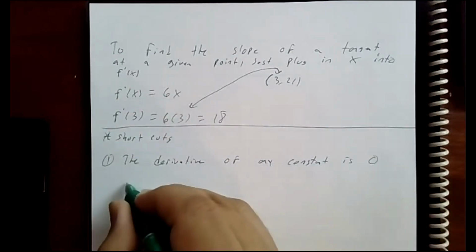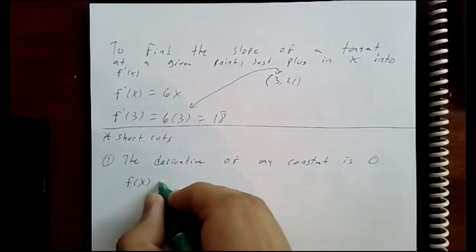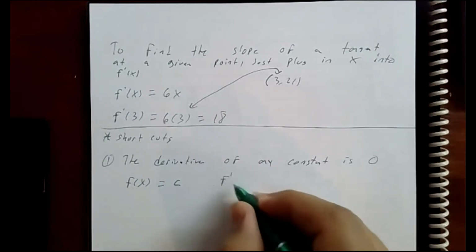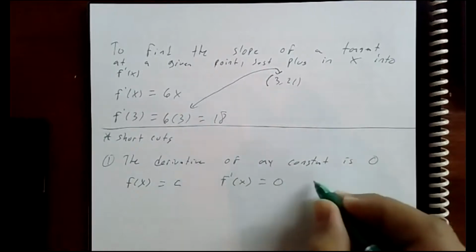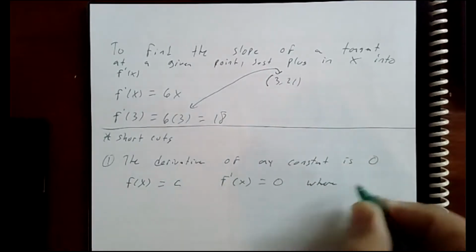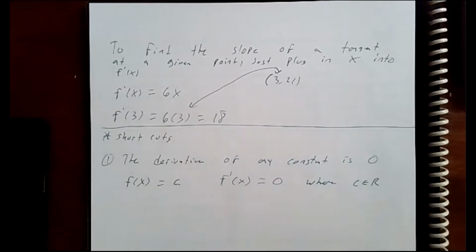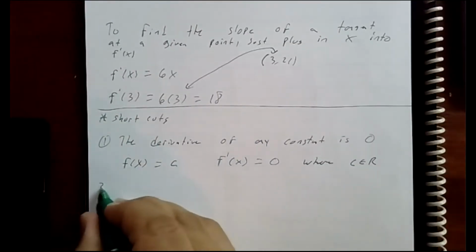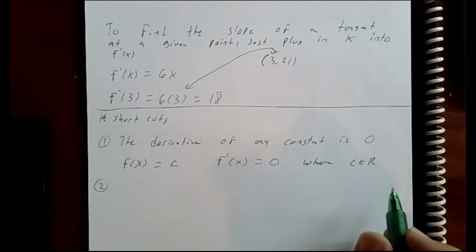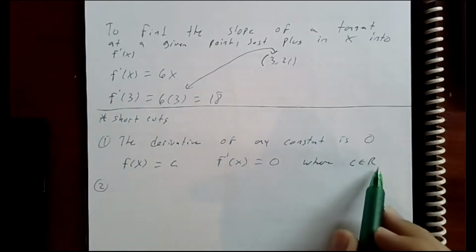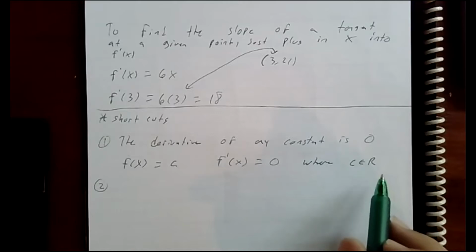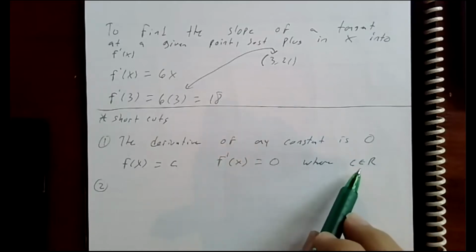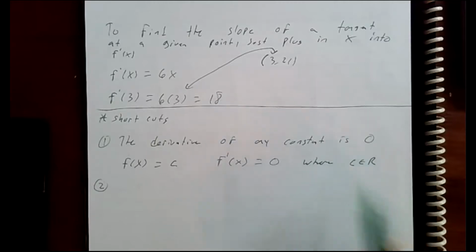So if your function is equal to some constant c, f prime of that function is 0, where c is some real number, some element of R. I forget if I use this notation in this class or not, c epsilon capital R. Isn't that the right way to use it? Yeah, if you're not comfortable, all this means is c is any real number in plain English. Oh, yeah, for sure.